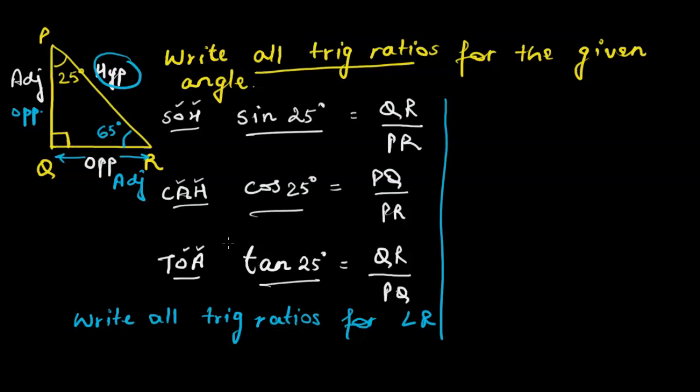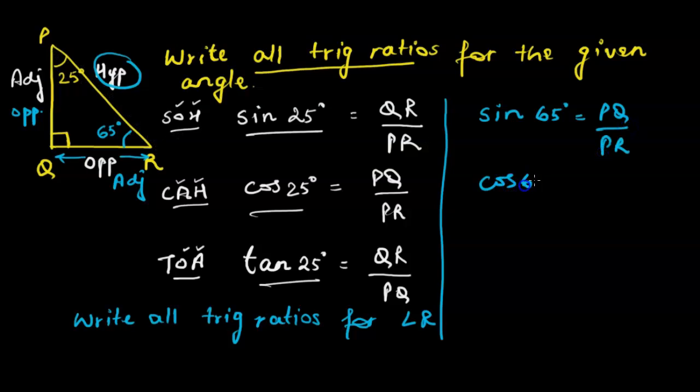Therefore, the trigonometric ratios for angle R will be sine 65 degrees, because we are writing the trigonometric ratio for 65 degrees. So here the angle will change from 25 to 65 degrees. Sine 65 degrees means the ratio is opposite over hypotenuse, and opposite for the blue angle is side PQ, that we would write down as PQ over PR.